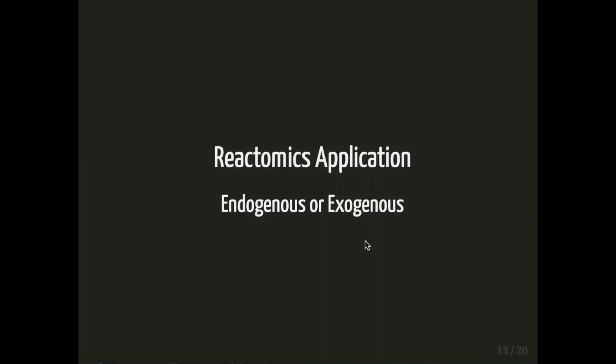The second one is to find whether a compound is endogenous or exogenous. This is a very difficult problem. For example, if we have an untargeted analysis of environmental samples, we want to know whether a certain peak is from exposure or from an endogenous process.